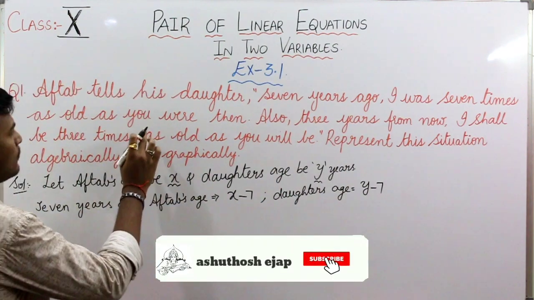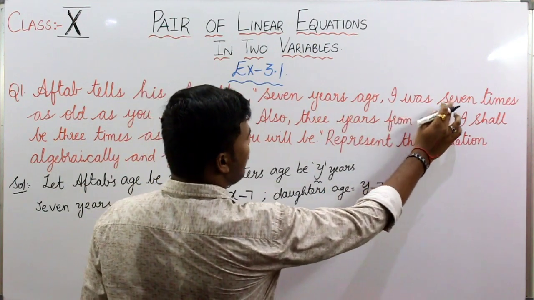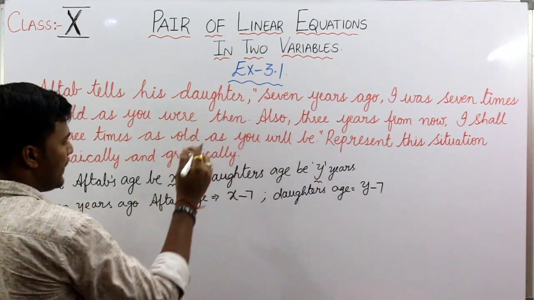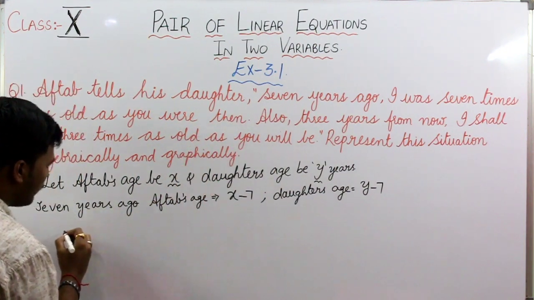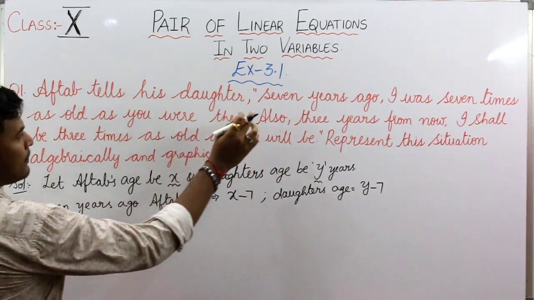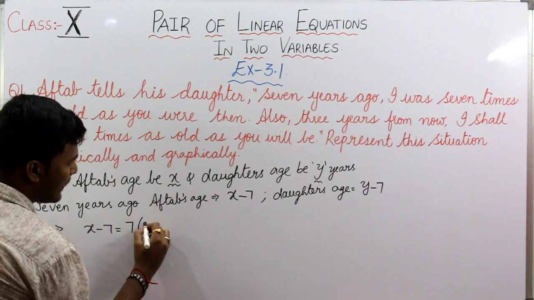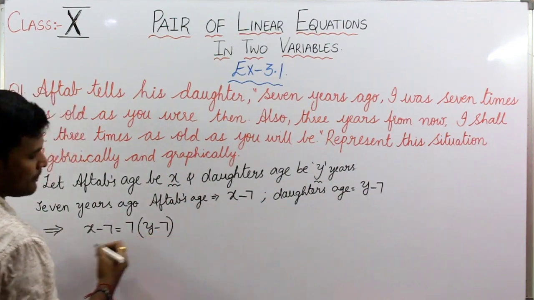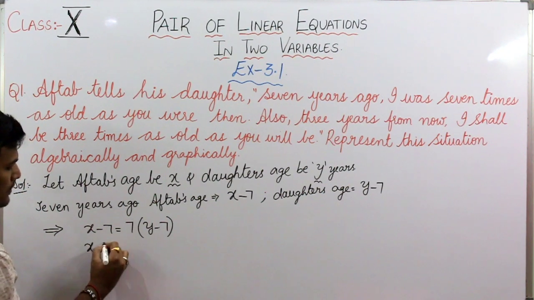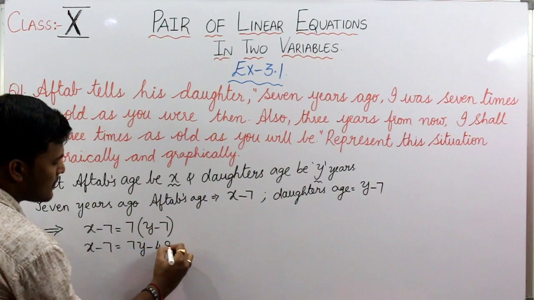Now what he has given: 7 years ago I was 7 times as old as you were then. That means 7 years ago the age of Aftab is x minus 7. His daughter's age is y minus 7, and he was 7 times as old. This is the first equation. From this we can write x minus 7 is equal to 7y minus 49.